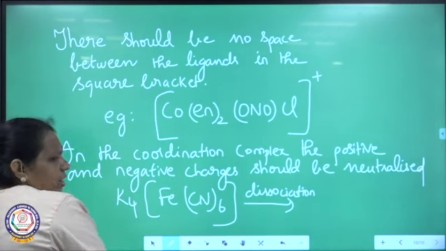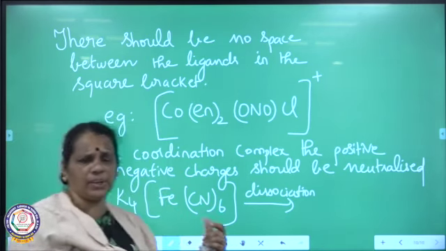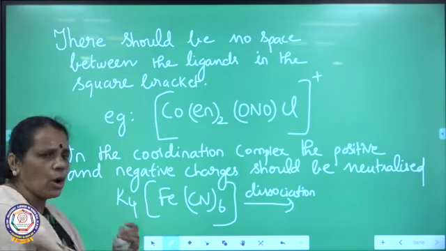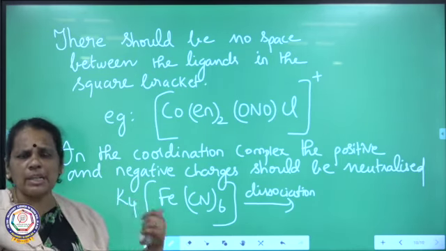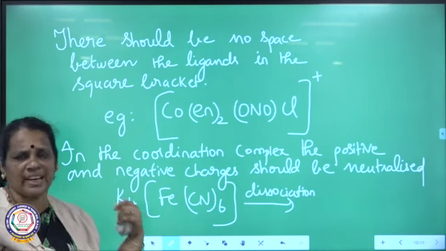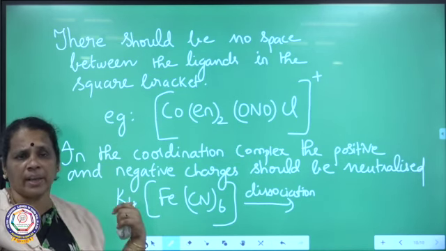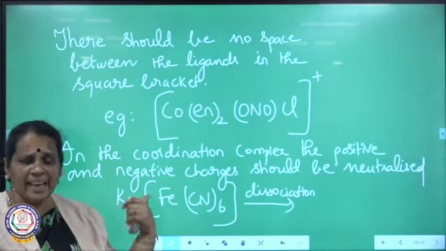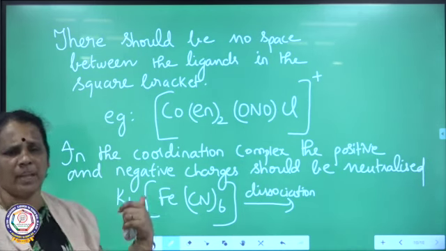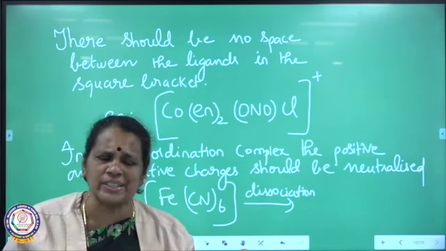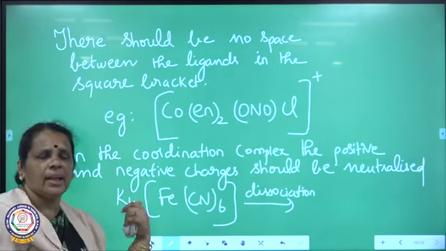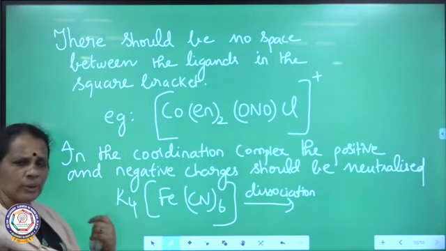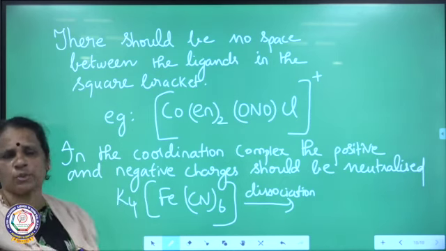So when potassium ferrocyanide undergoes dissociation, K4 is a counter ion here. Already I told about the counter ion. The ionizable species which is present outside the square bracket is known as the counter ion. It can be ionized. So here K4 is the counter ion which is present outside the square bracket.